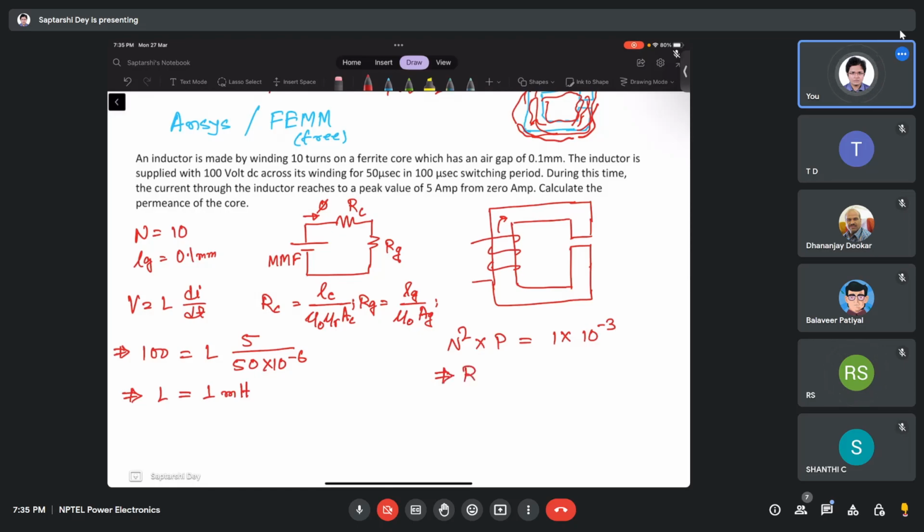So reluctance we have n squared is 100. Therefore, oh, they have asked for permeance only, so we'll get permeance. Permeance is 110 minus 3 by n squared, which is 100.